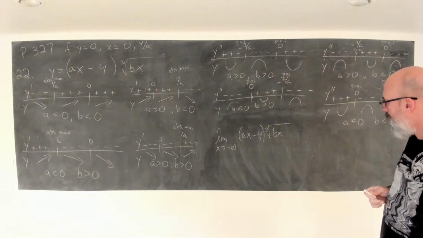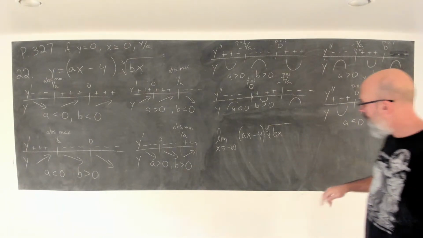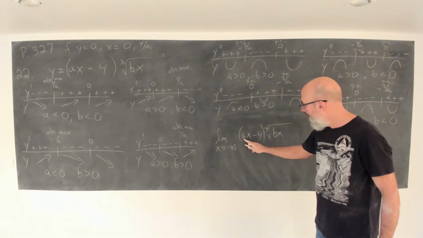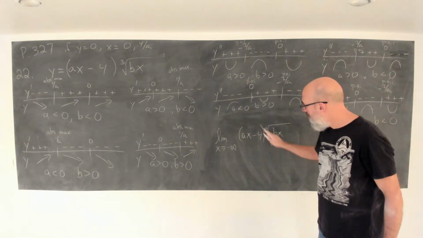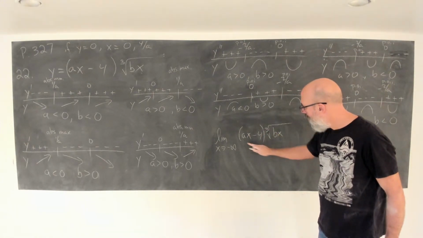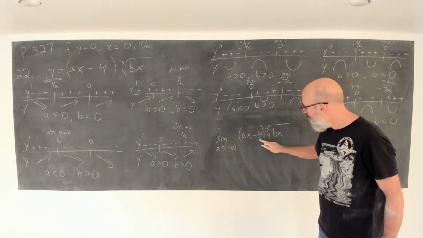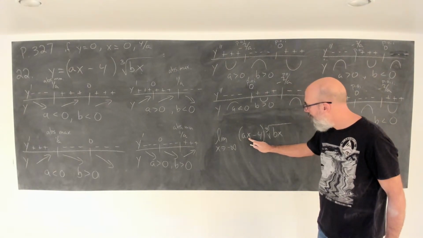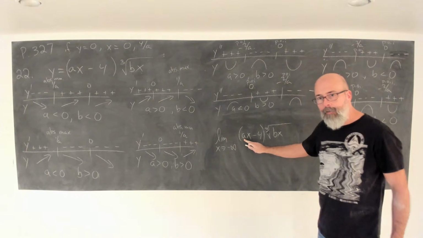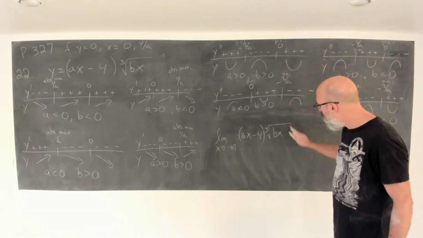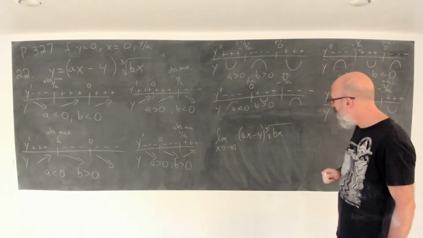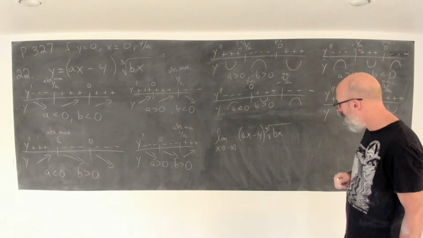And what happens? Obviously, this is going to go to some sort of infinity, depending on the sign of A. And this is going to go to some sort of infinity, depending on the sign of B.